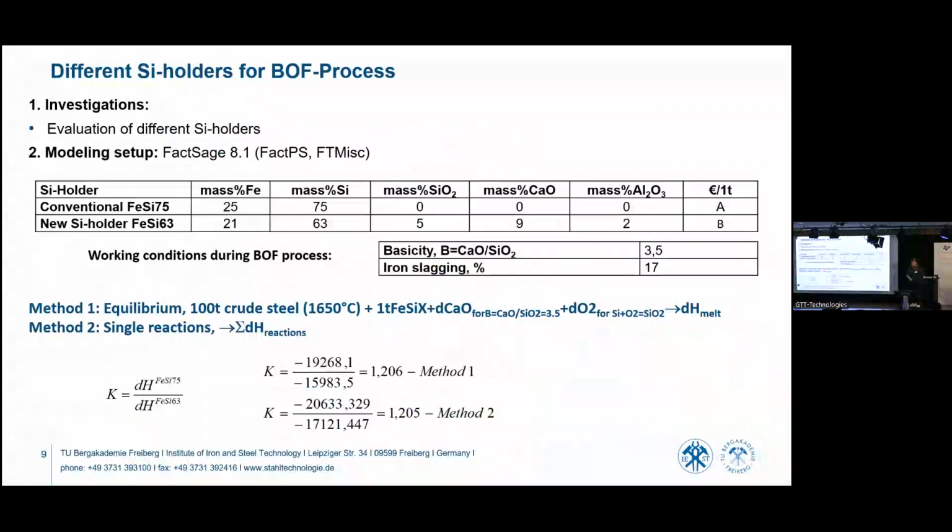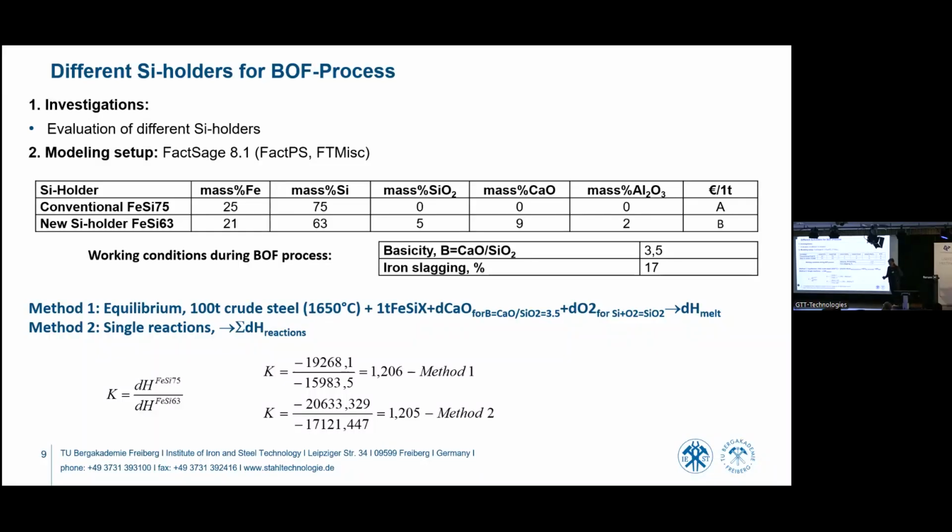The next example is about evaluation of silicon carriers. We use silicon in steel making in the BOF process as a slag former or as a fuel for heat in BOF, and our task was to calculate how much silicon 63 must be used to replace 1 ton of silicon 75.